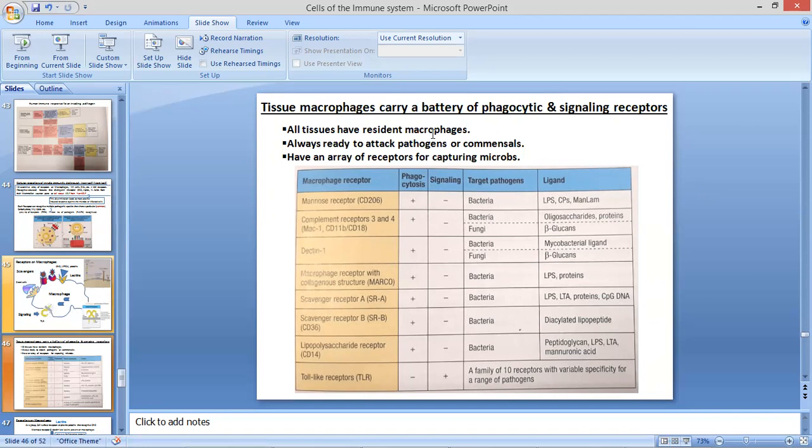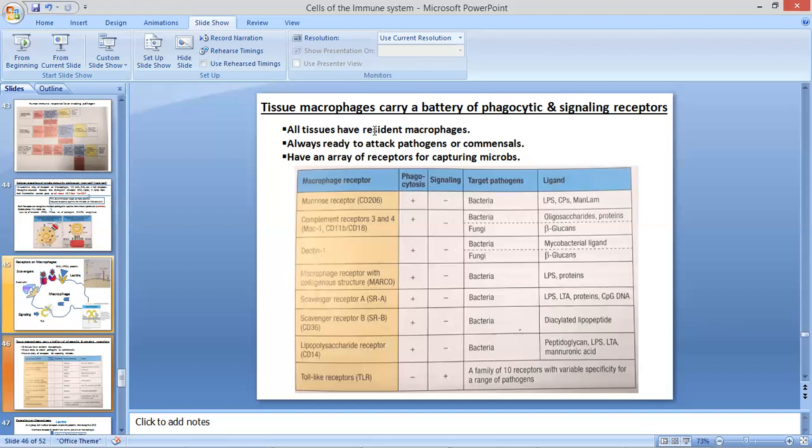So there are resident macrophages in the tissues, and all the tissues have them, and they are permanent guards standing there and looking for any foreign body or any antigens that would enter the body.